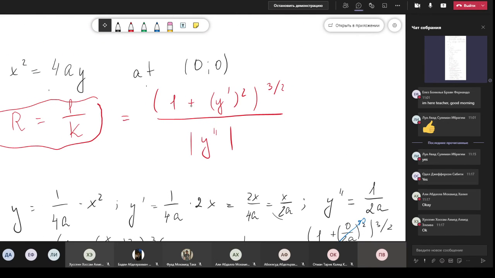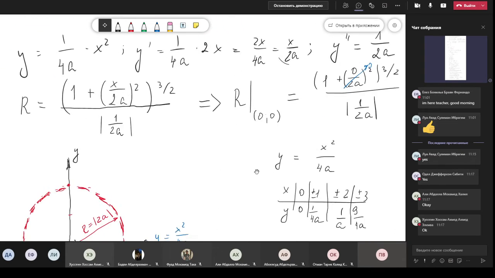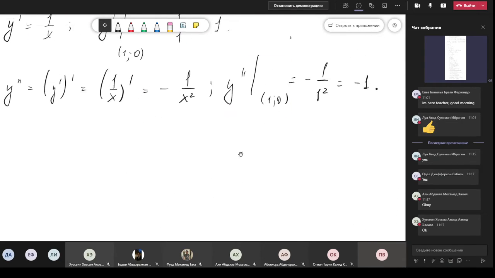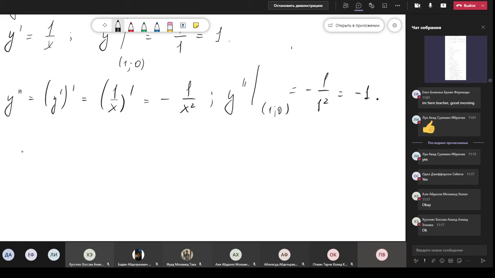In this formula, 1 plus the square of the derivative, to the power 3 over 2, over the modulus of the second derivative. R is 1 plus derivative 1 squared, power 3 over 2, over the modulus of minus 1.